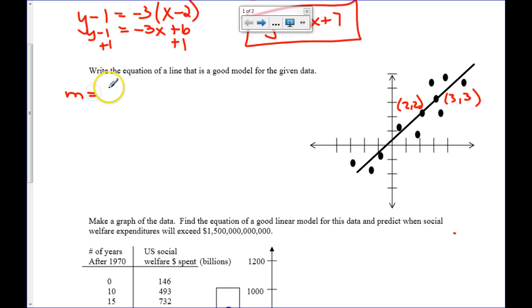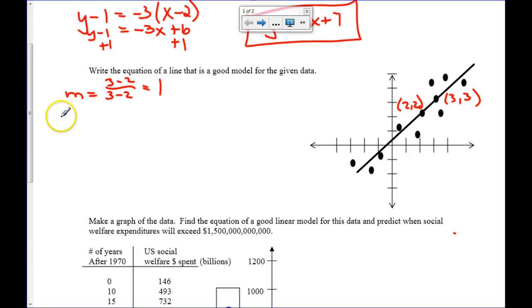Our slope is y2 minus y1 over x2 minus x1, which happens to be 1. This is over 2, up 2. This is over 3, up 3. Yeah, it's on the line. I just eyeballed the line and tried to put it in there the best I could.